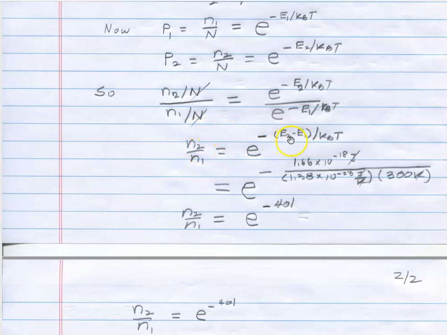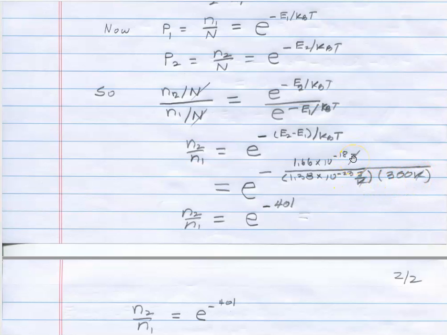We've calculated the energy difference. That was the 1.66 times 10 to the minus 18 joules. And we were given that it was at 300 Kelvin, so nominal room temperature. And, of course, the Boltzmann constant, which I represent as k_B, and most books just simply k, 1.38 times 10 to the minus 23 joules per Kelvin. Notice the units go out.